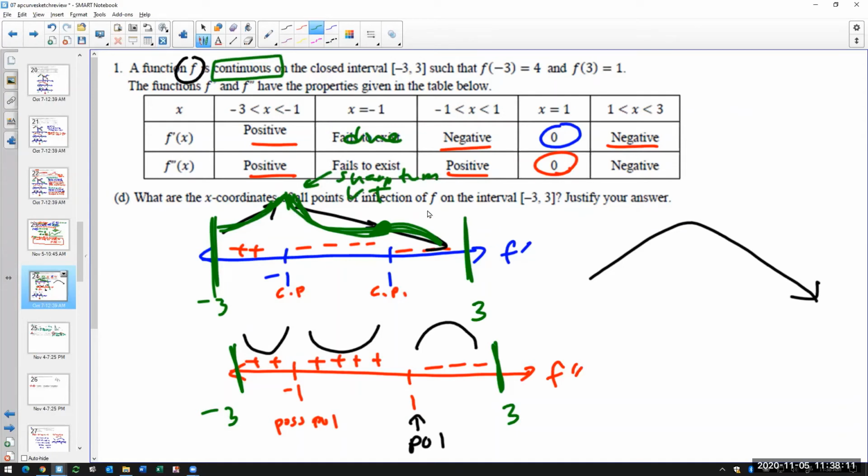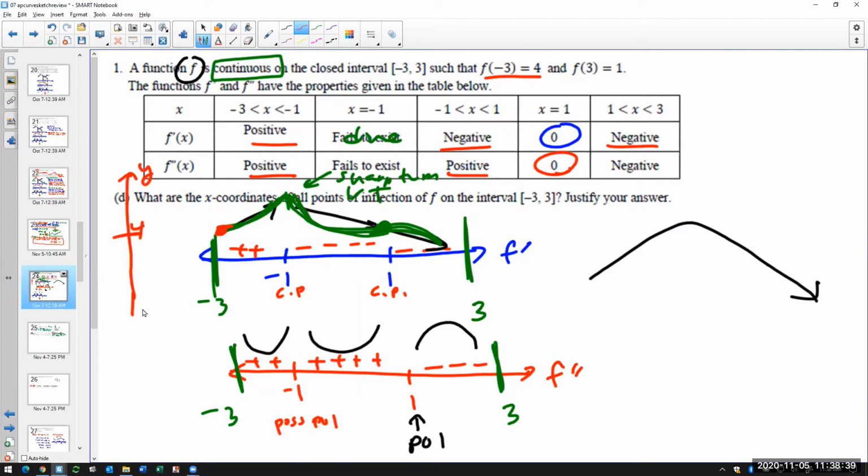I need to find the absolute max and the absolute min. Well, here's what they tell me. I actually know this point, right? This point is -3, 4. So if I were on an X and Y axis, let me just draw X and Y axis, okay? This here would be 4 if this were the Y axis.